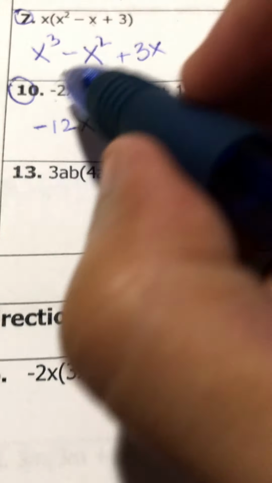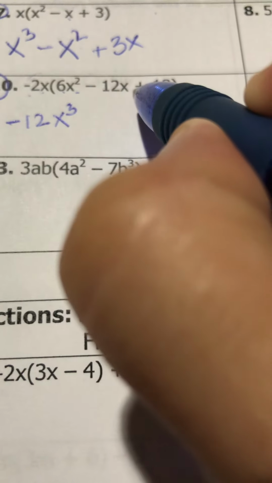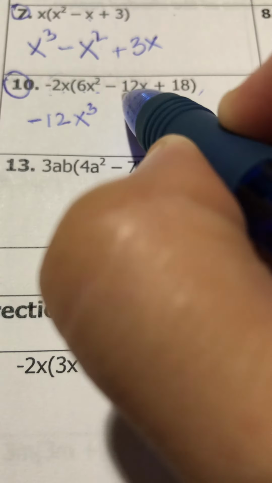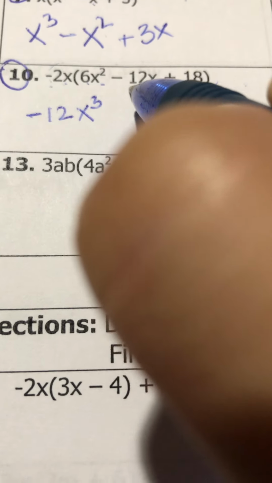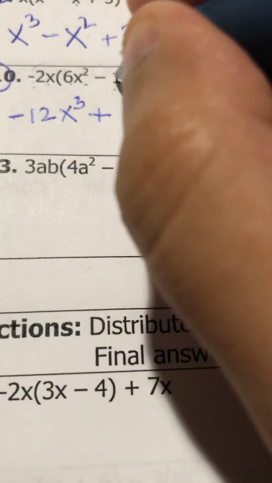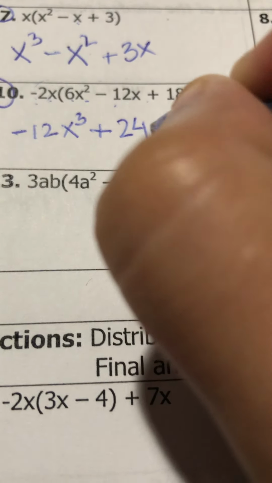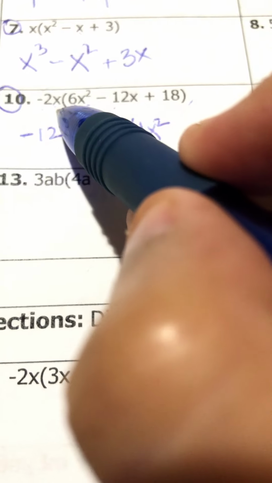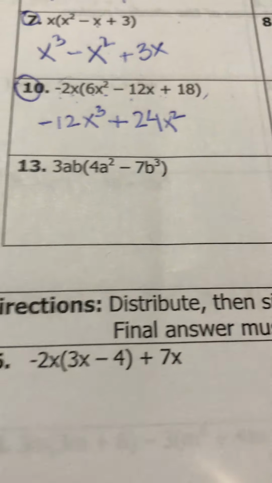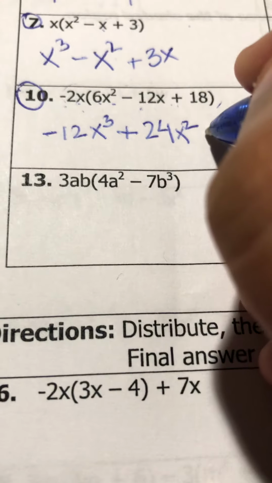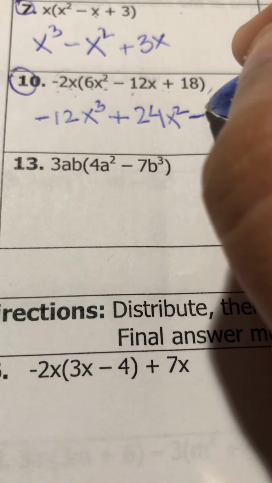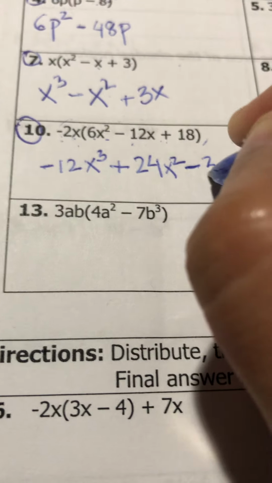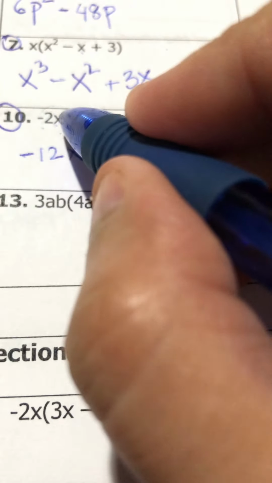Negative 2x times negative 12x: negative 2 times negative 12 gives me plus 24, and x times x gives me x squared. Negative 2x times 18 gives me negative 36, and there is only one variable here.